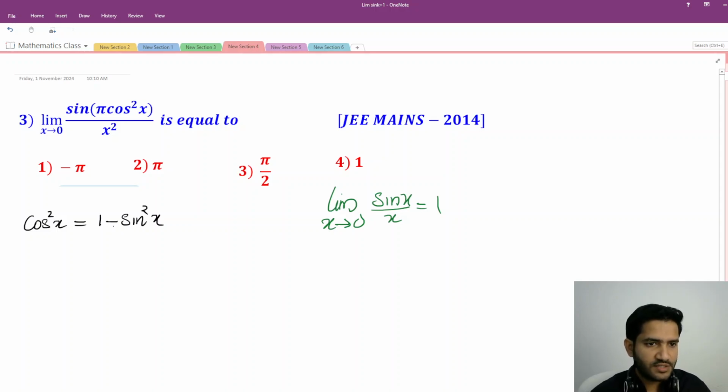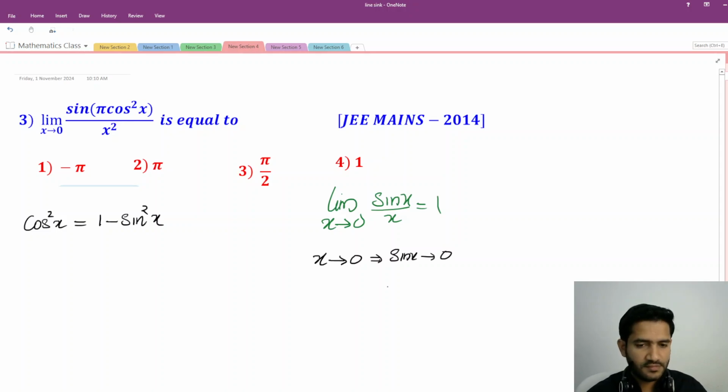Why are we converting to sin square? Because as x tends to 0, sin x also tends to 0, so we can use the result. That's why we are converting cos into sin. Then only we can use the result, because x tends to 0 should be there. Tends to 0 is very important.